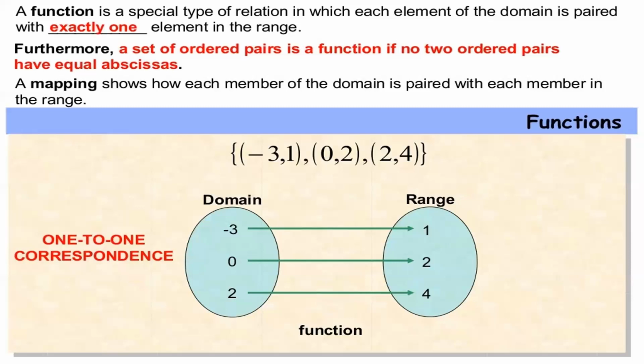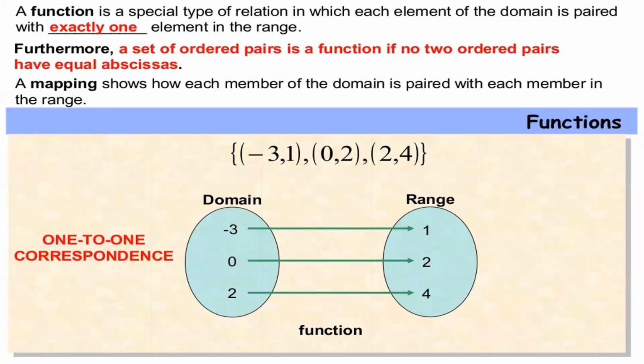As you observe, in every value of the ordered pair, we create a mapping from our ordered pair. As you observe, for -3, there is only one corresponding value of range if our domain is -3.